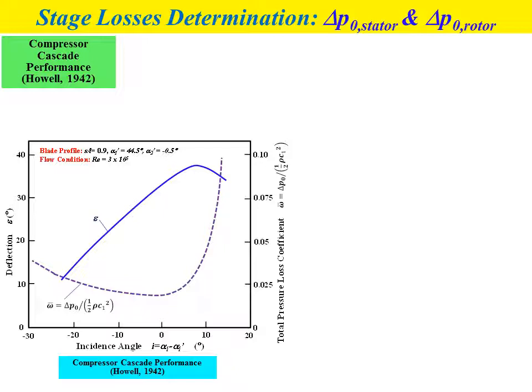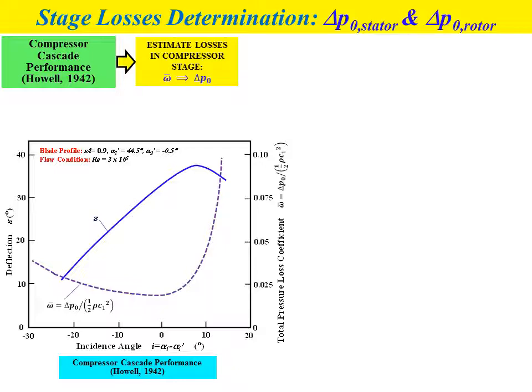We have the relationship in terms of deflection angle and total pressure loss coefficient omega bar versus incident angle. So if you know the incident angle, we can determine the total pressure loss coefficient. In the equation of omega bar we have the term delta P naught, the total pressure loss, so we can manipulate the value of omega bar to obtain the delta P naught value for the stator and also for the rotor.